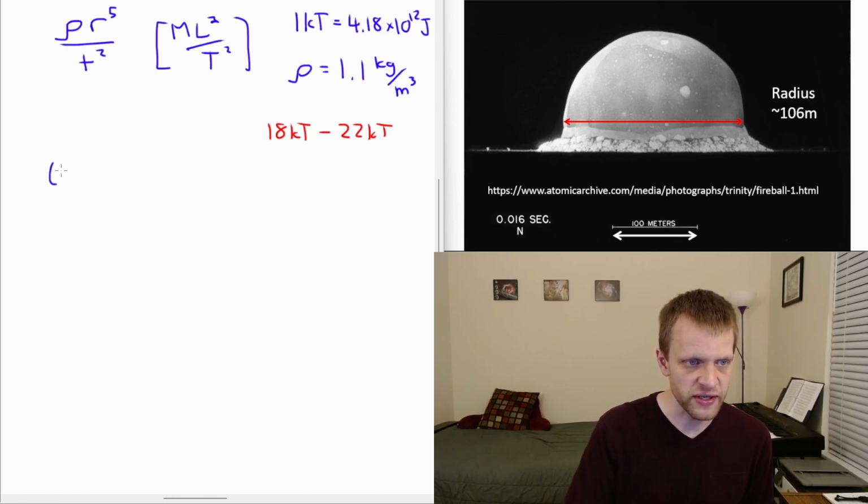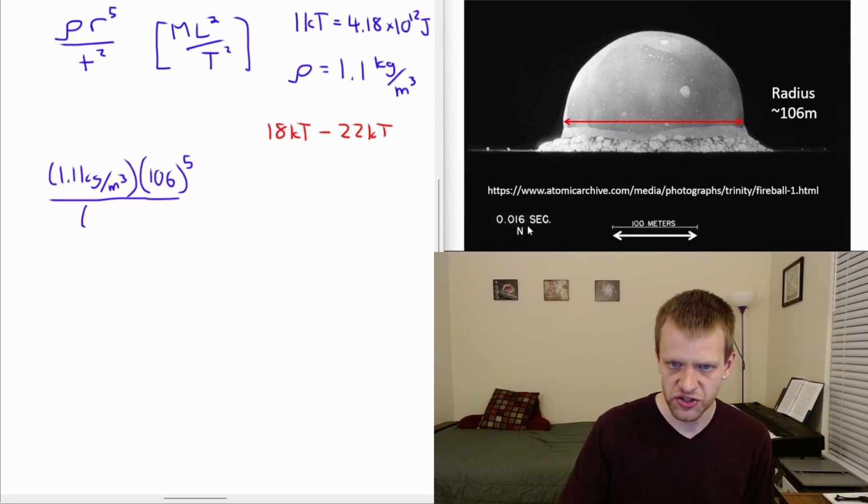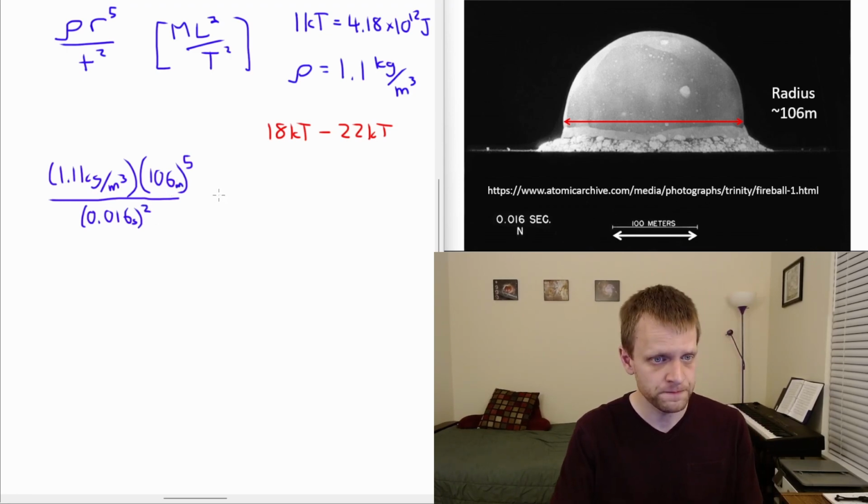Our density is 1.1 kilograms per cubic meter. That radius distance is 106 meters, and we're going to take that to the power of 5, and then divide by this time squared, 0.016 seconds squared.